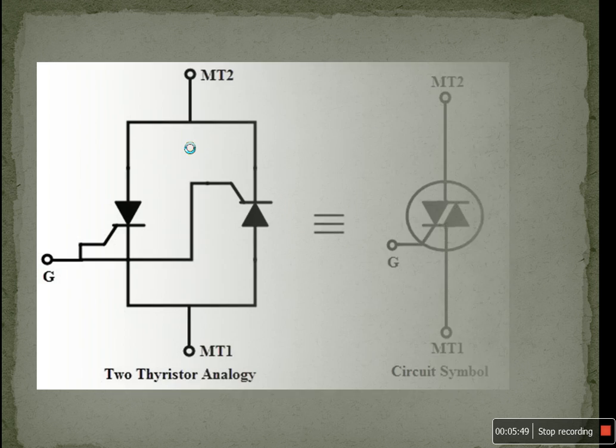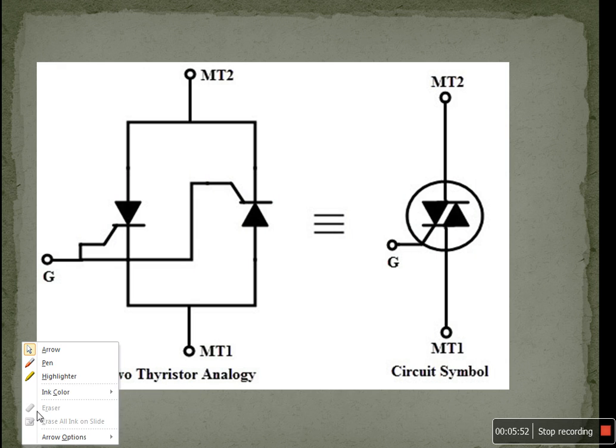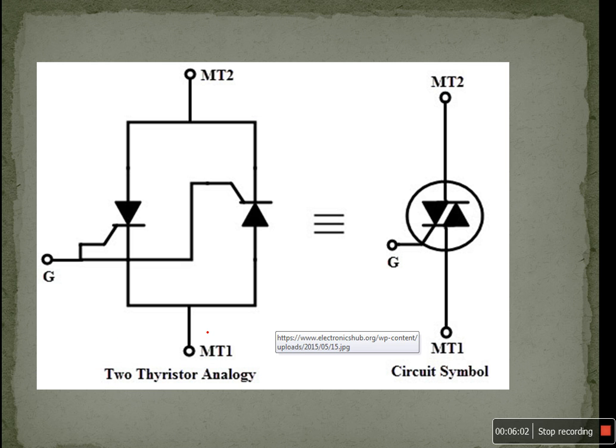If main terminal 2 is forward biased with respect to main terminal 1, then the current flows from main terminal 2 to main terminal 1.